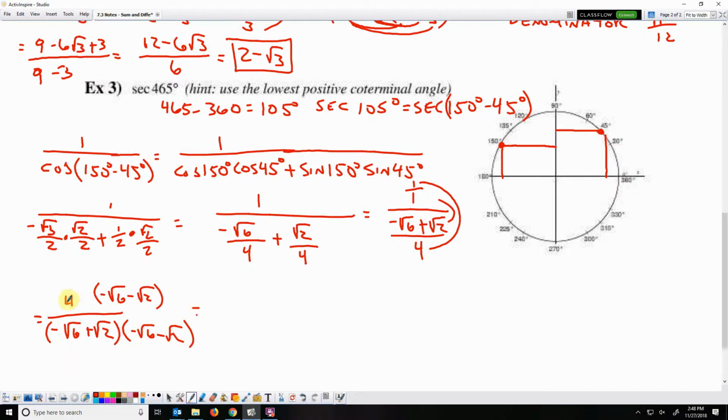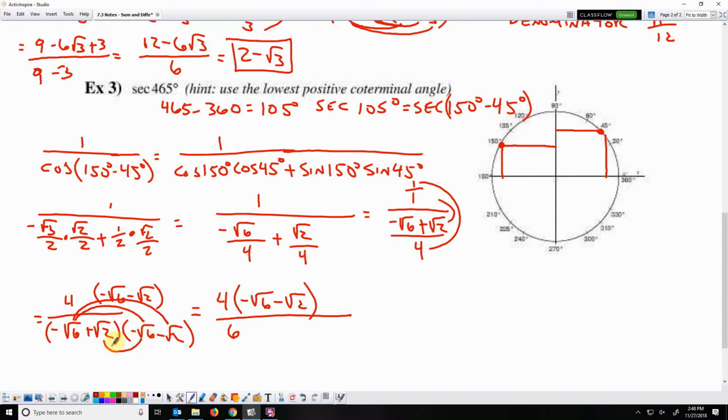Okay, now the top, I'm just going to keep it as it is for now and see later if I want to leave it like this or distribute. If I can end up simplifying with that 4, I won't need to distribute. So first term, negative root 6 times negative root 6 is positive 6. Then I get positive root 12 and negative root 12, and those will cancel.